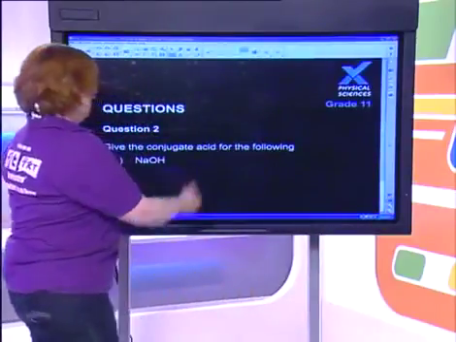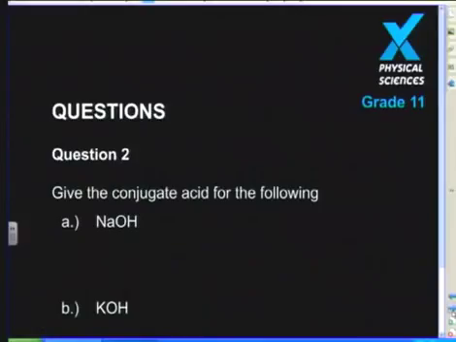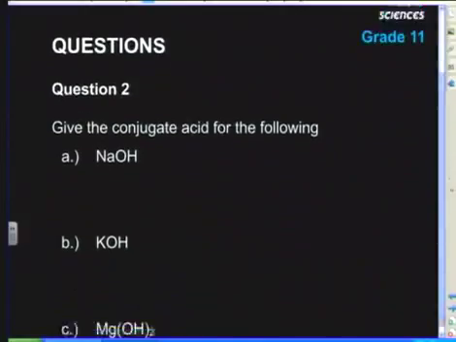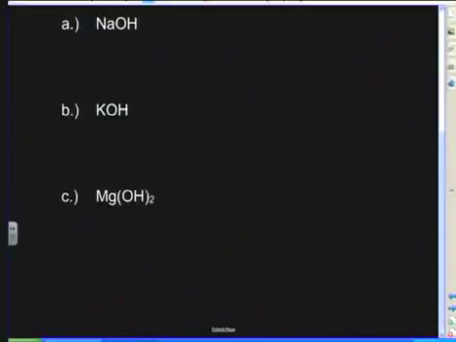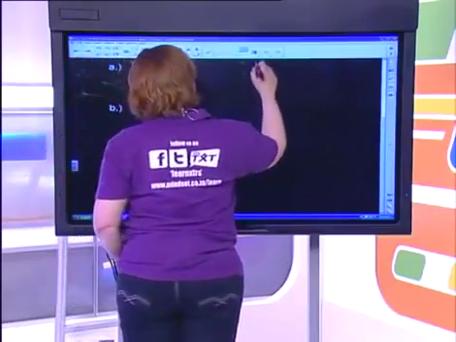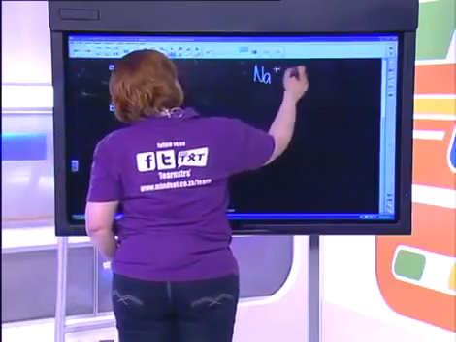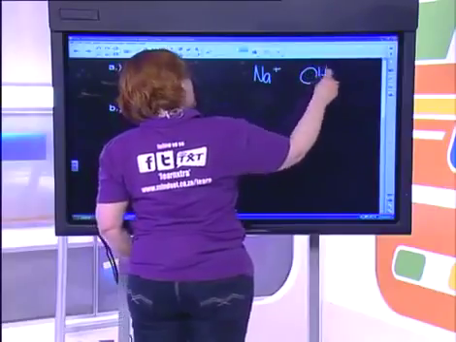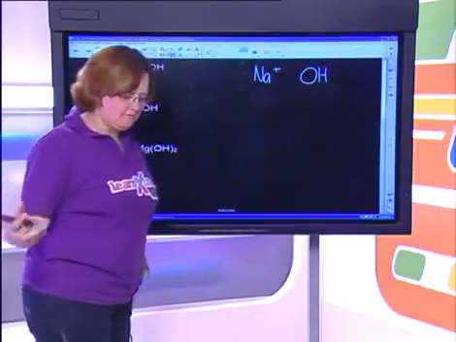So let's find conjugate acids. First one we've got here is sodium hydroxide, and this one's a little more difficult. We have Na plus and OH minus, that's essentially what sodium hydroxide is made up of.